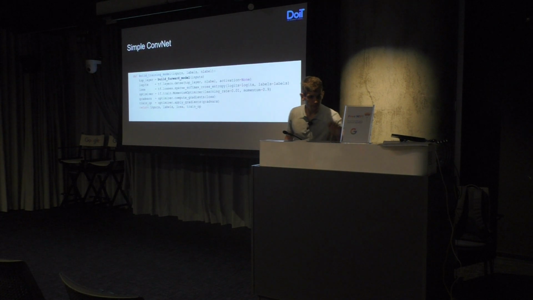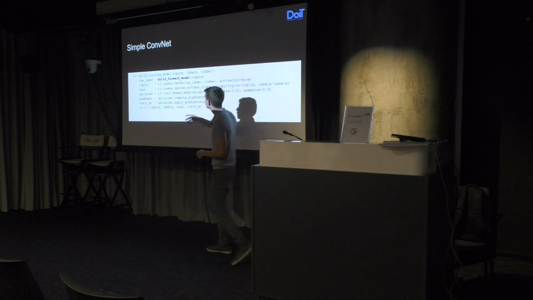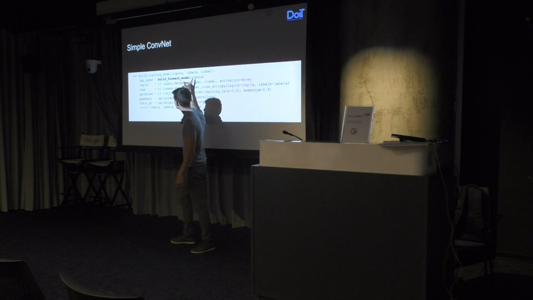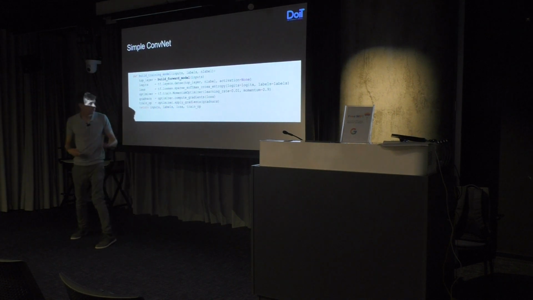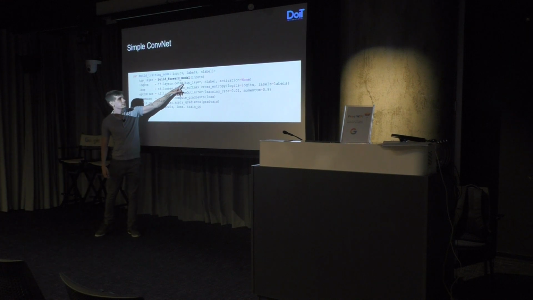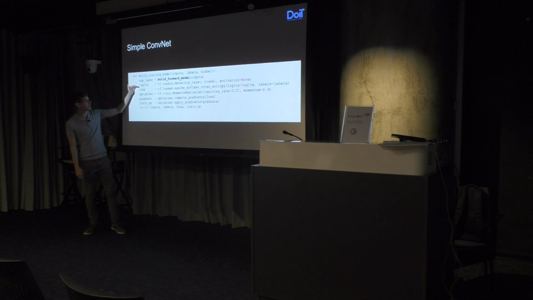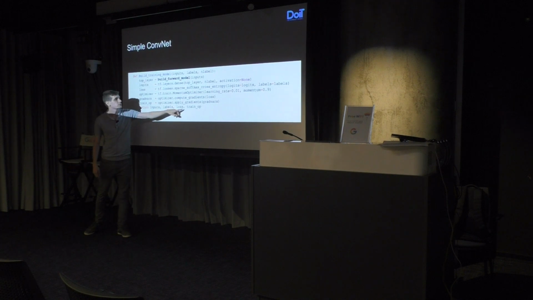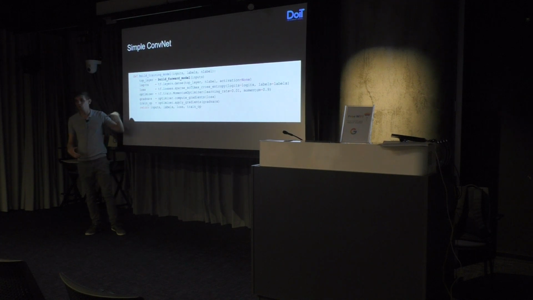And we take this function that I mentioned before, which is called build forward model. It returns a tensor. So this tensor is then put as the input of this logits layer, loss, optimizer, grad vars, train operation, and then we return the inputs, labels, loss, training op. This would be the whole model that we have.